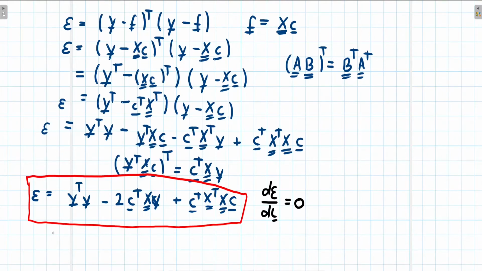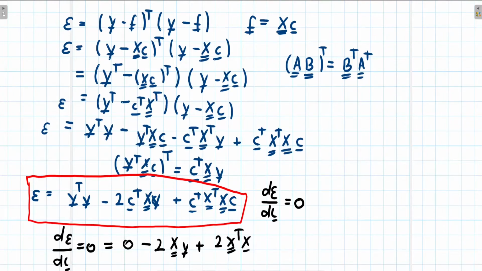So let's evaluate the derivative. d epsilon by dc has to be equal to 0. If we evaluate that, then the first term is just 0 because it doesn't depend on c. In the second term, the c just disappears because there is only one c in there. And we end up with minus 2 X transpose y plus, here we have 2c, so we need to get a 2 down, 2 X transpose X c.